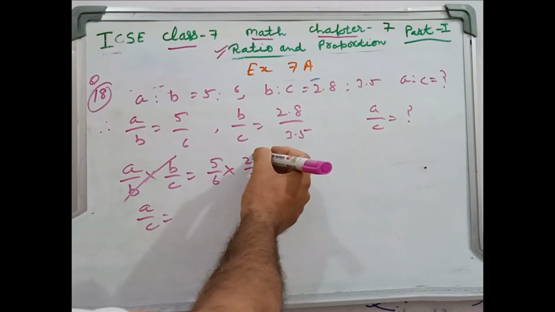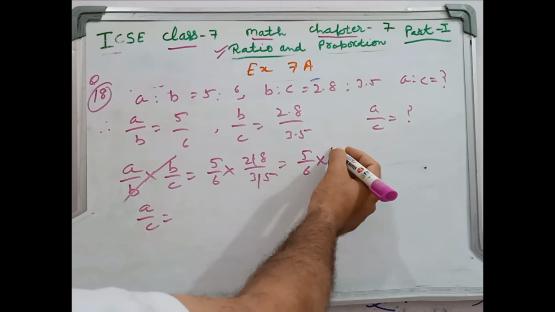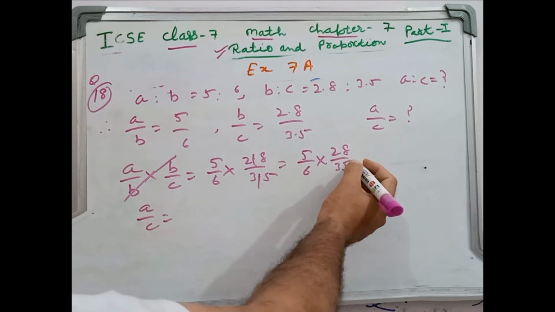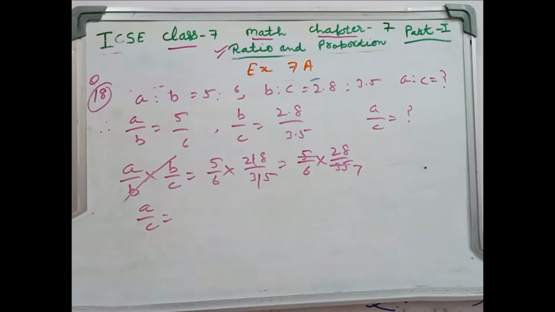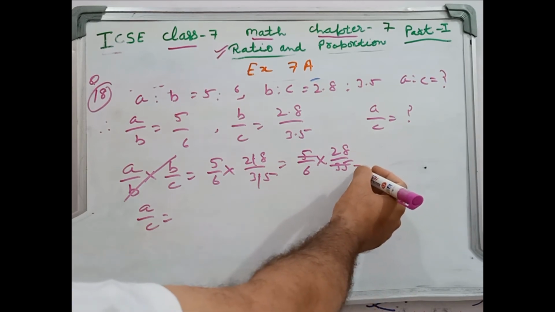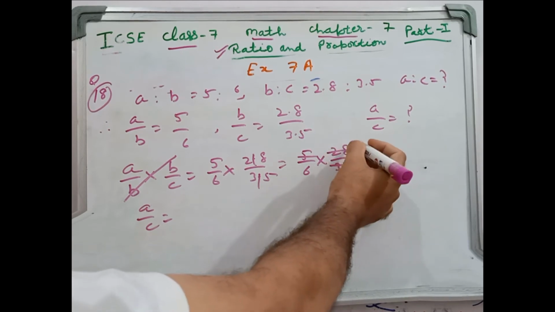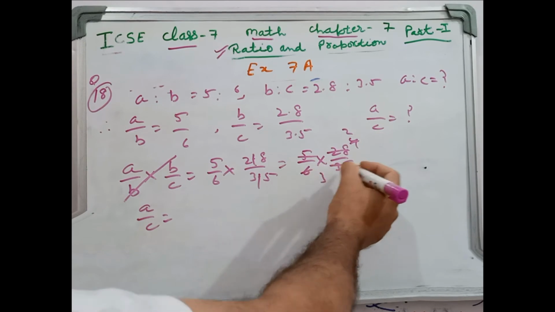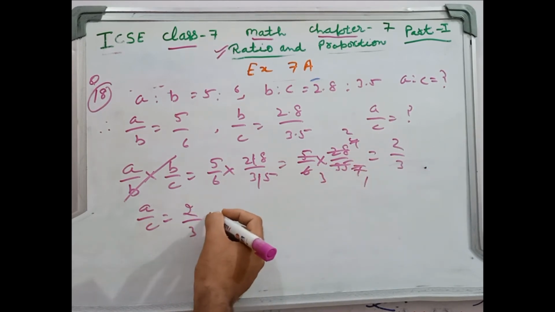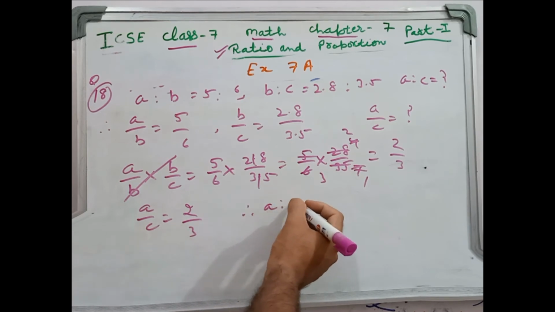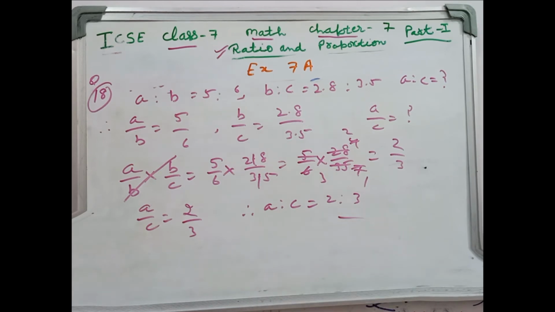The decimal will cancel, so this will become 5 upon 6 multiplied by 28 upon 35. 5 sevens are 35, 7 ones are 7, 7 fours are 28, 2 ones are 2, and 3 twos are 6. This will become 2 upon 3, A upon C, therefore A ratio C will become 2 ratio 3.